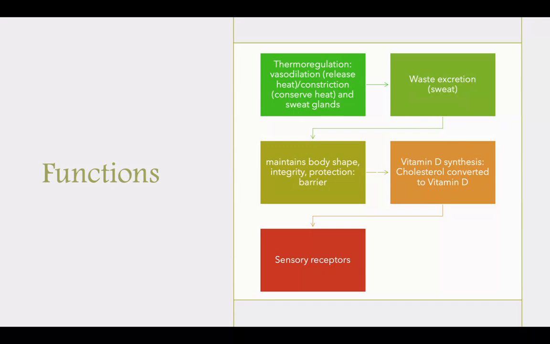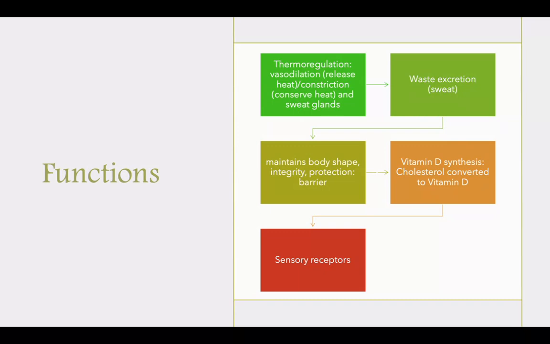The cholesterol-like compound, when triggered by UV rays, gets converted into an inactive vitamin D form, and then it goes into the bloodstream, and then it gets modified by the liver, modified by the kidneys, and then it becomes calcitriol, and that is the active form of vitamin D.